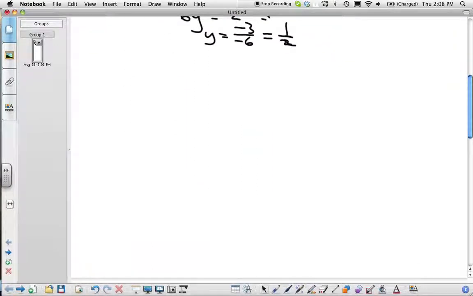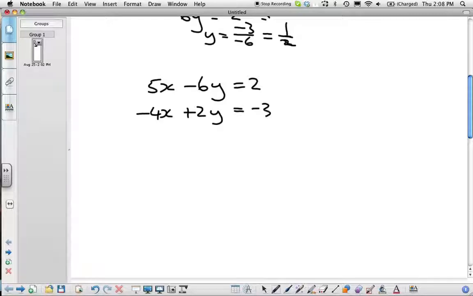So let's rewrite it again. But this time I'm going to do it slightly differently, and you'll see that it works out exactly the same. So if we have 5x minus 6y is equal to 2, and we have minus 4x plus 2y is equal to negative 3.